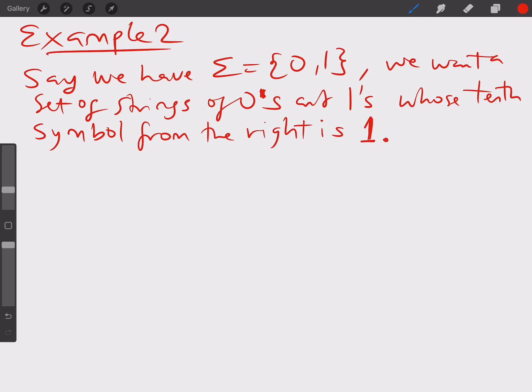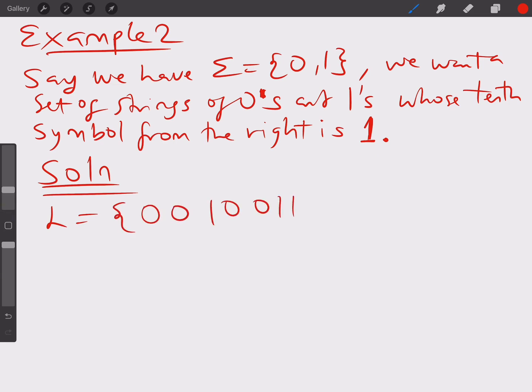Solution. Decipher the question. Understand the instructions. It's a string of zeros and ones. Let's say we have a language string 0, 0, 1, 0, 0, 1, 1, 1, 0, 0, 0, 0, 0. How many are those? The length of this is 1, 2, 3, 4, 5, 6, 7, 8, 9, 10, 11, 12, 13. Now, remember the condition.